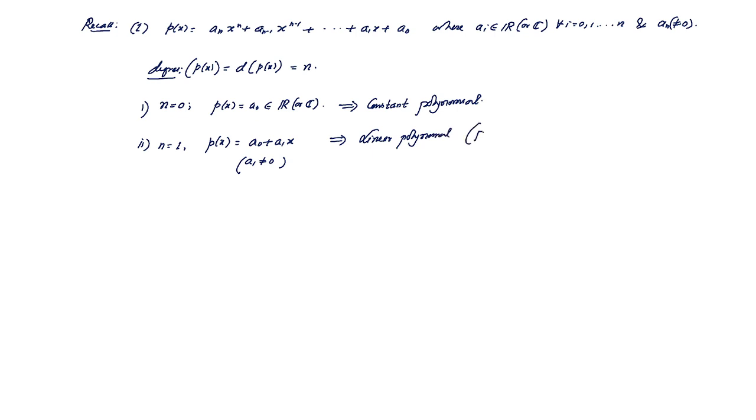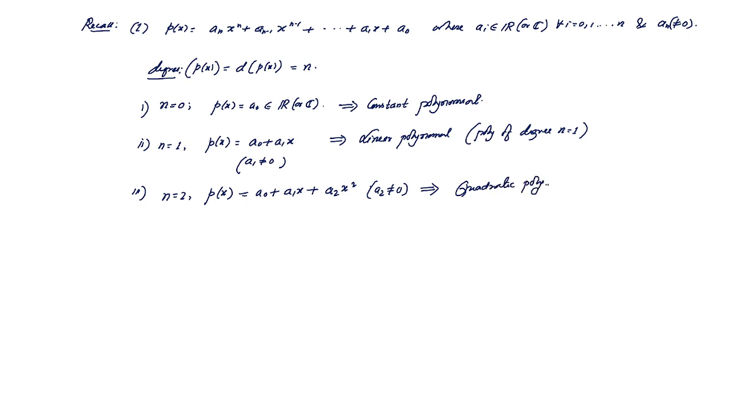That means polynomial of degree 1. Similarly, if we take n equals 2, polynomial p(x) is a0 plus a1x plus a2x square, where a2 is non-zero. That implies it is a quadratic polynomial. That means polynomial of degree 2.